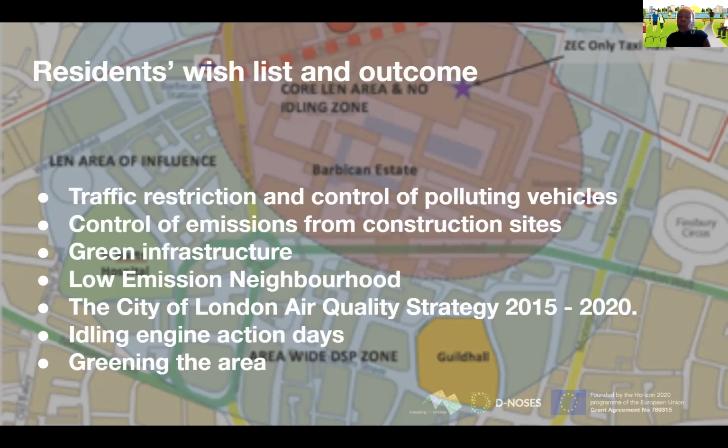And this went on to piloting an ultra low emission street and also a potential zero emission zone as part of the city's draft transport strategy. So it wasn't just about engaging the citizens, and it wasn't just about collecting data. It was then how we use this data to inform policies and also looking at getting acceptance from the residents and the local community in relation to some of those measures that were being introduced.